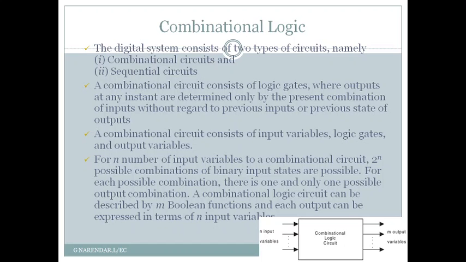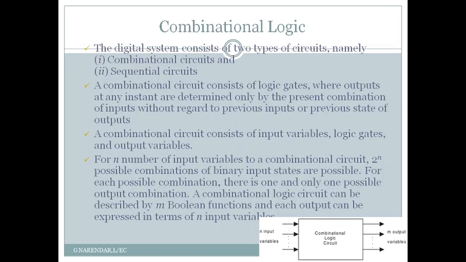For example, if there are two input variables, there will be 4 possible combinations of the inputs, and if there are 3 variables, there will be 8 possible combinations of the binary input states.